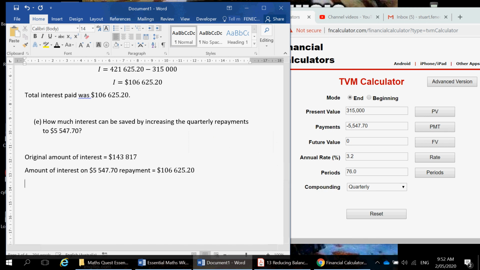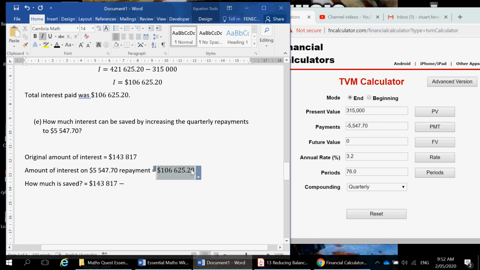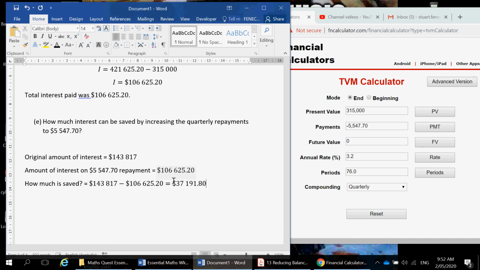How much is saved? It's just the difference between the two. Right? That amount of interest, take away that amount of interest. And if you put that in your calculator, it will tell you that you have saved $37,191.80.